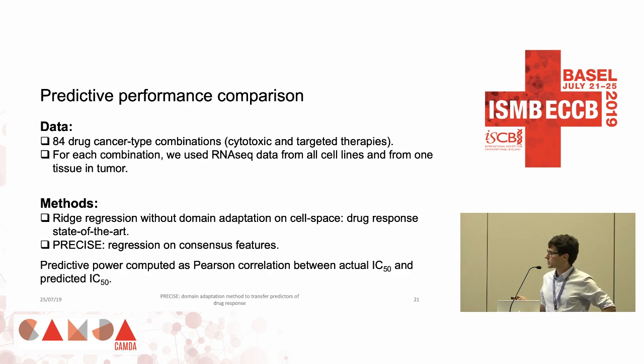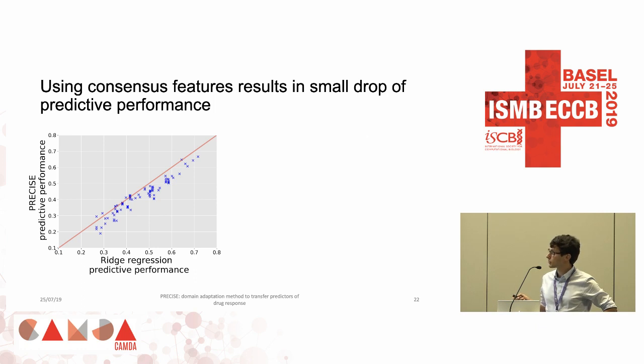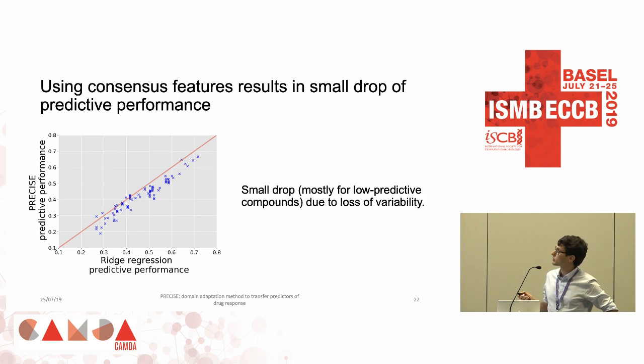And here I'm going to show the predictive power that we compute as the Pearson correlation between the actual IC50 and the predicted IC50 with a tenfold cross-validation. And what we see is a slight drop in predictive performance. So here you see the predictive performance that we get on the cell lines with a ridge regression, and here the predictive performance on the cell lines using PRECISE. So we see here a slight drop in predictive performance that is mostly due to a loss of variability.